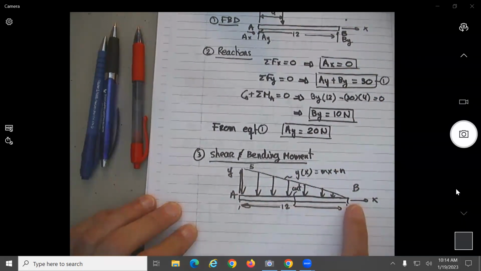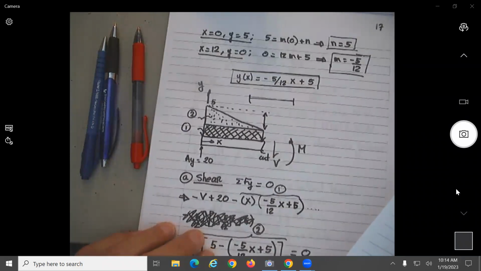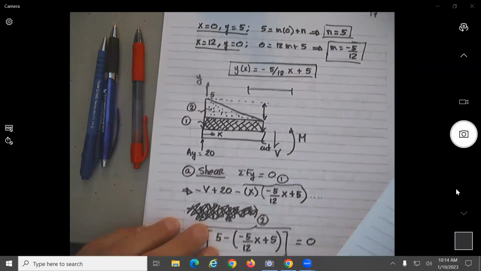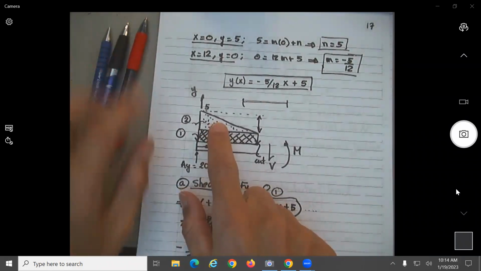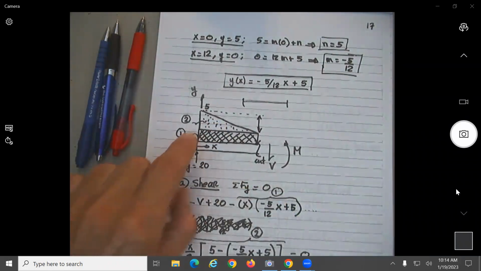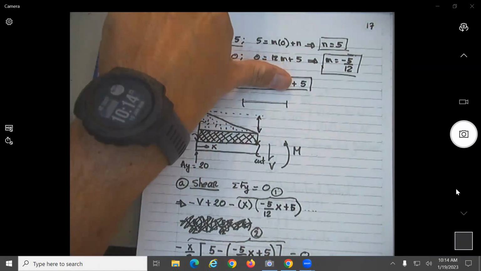Now from point B, we follow the procedure. So yeah, okay. So basically here I show how to find the equation. So from this end, what should be the equation at x equals 0? It should be equal to what? 5, no? Okay.